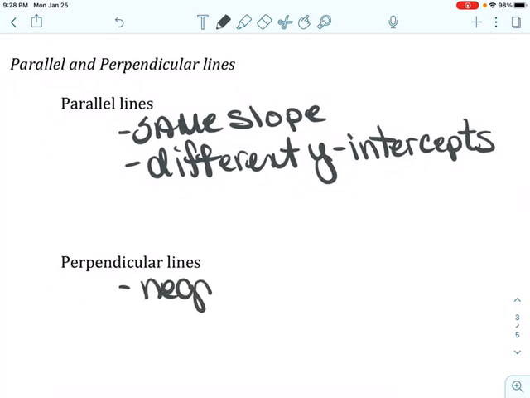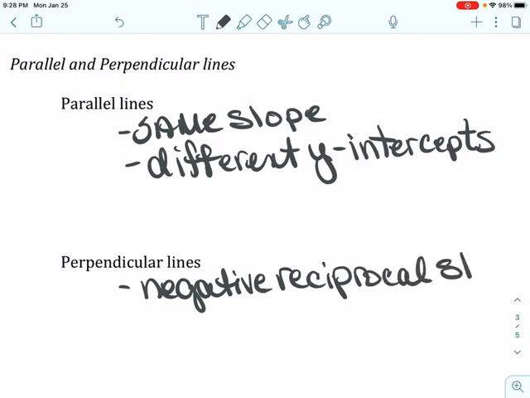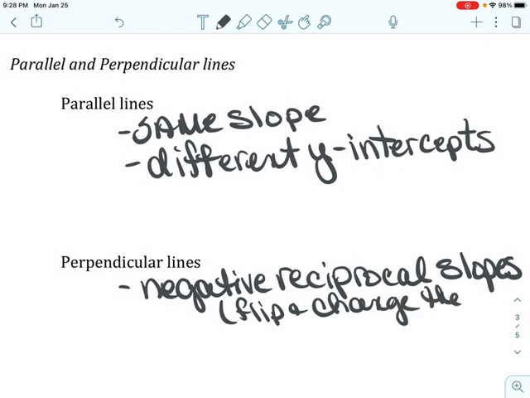Perpendicular lines have negative reciprocal slopes. Okay, so it means that we're going to flip it over and change the sign.